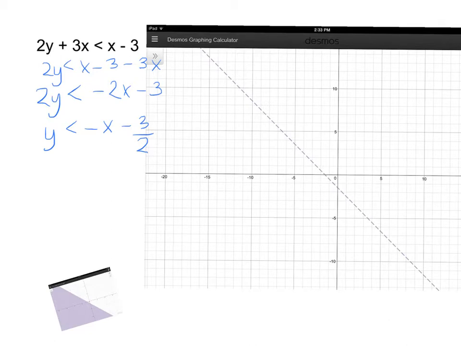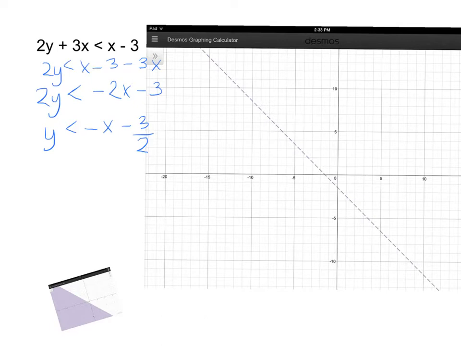Or you could look at it as down 1, to the right 1, down and to the right. But it should slant that way if it's negative. Do you notice that this one is a dotted line? Can you see that from where you are? This is a dotted boundary line. And the reason is? It's not equal to, right? So the solution set does not actually include the points that are right on that line.